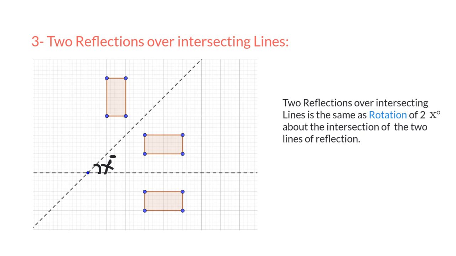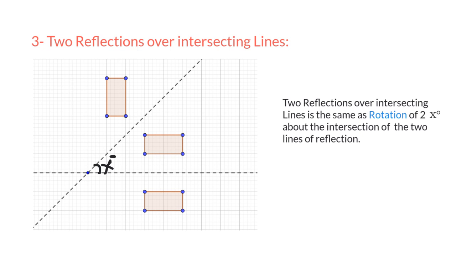First we reflect across the diagonal line, and we end up with this rectangle. Now we are going to reflect across the horizontal line, and our result is this rectangle right here.